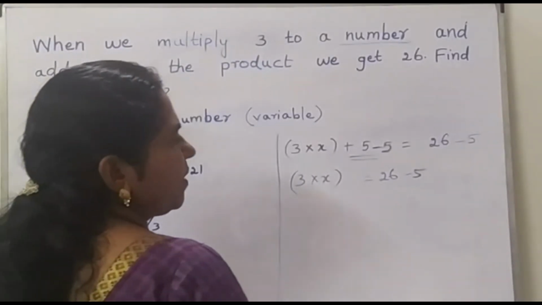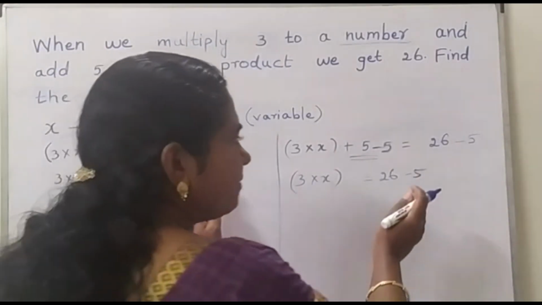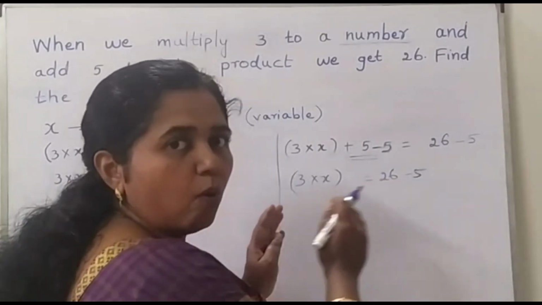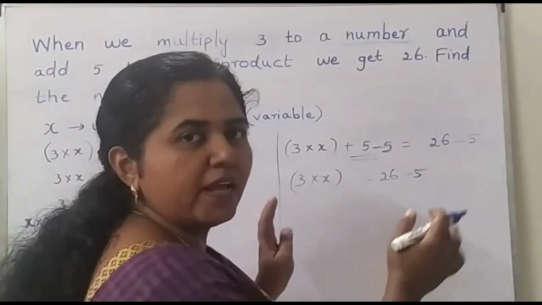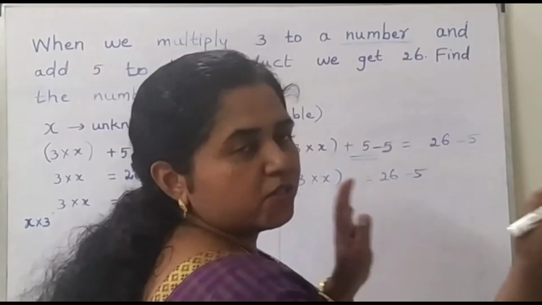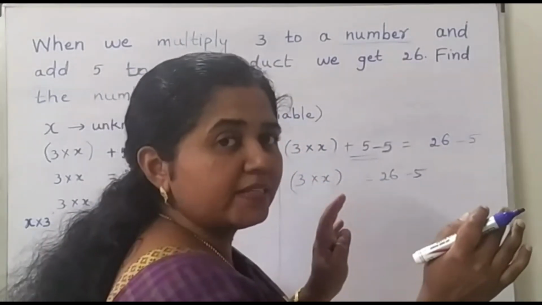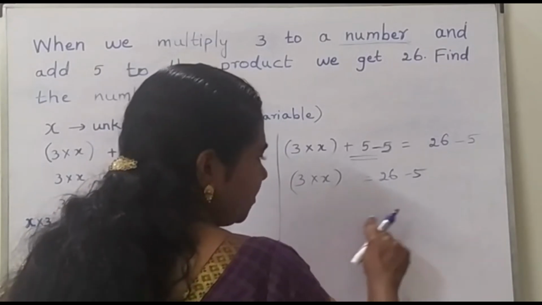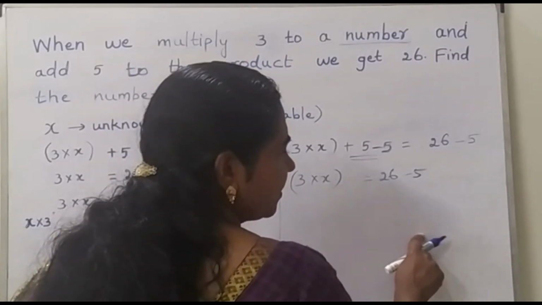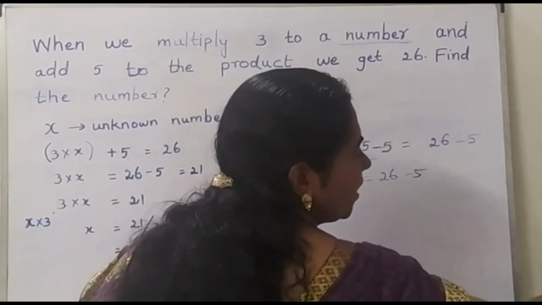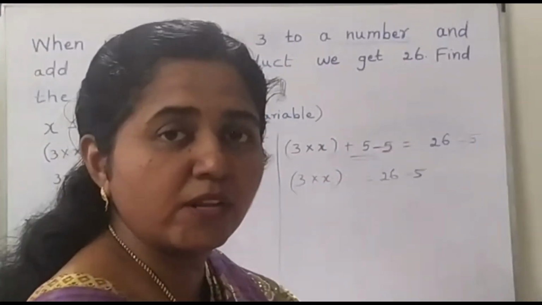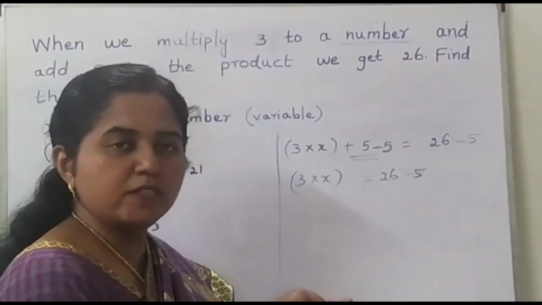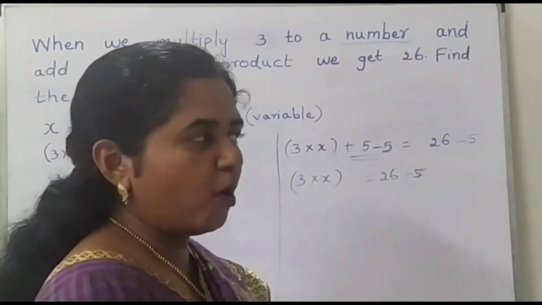When we are doing multiplication and division, we have to do it for the whole expression present in the left hand side, and also for the whole expression present in the right hand side. That is, if you are multiplying the whole expression by 3 in the left hand side, we have to multiply the whole expression in the right hand side by 3. Then only the value will not get changed, or else you may get problem there.